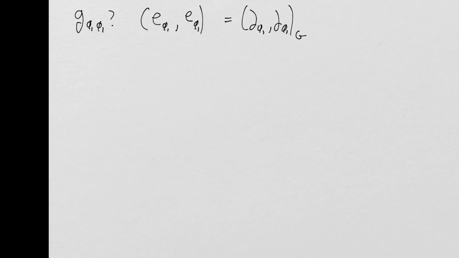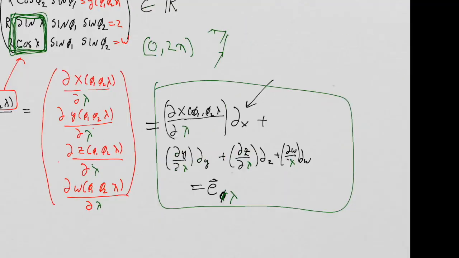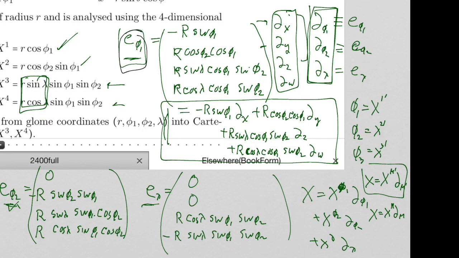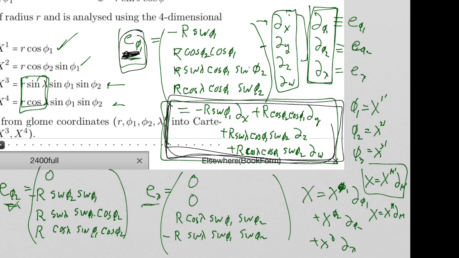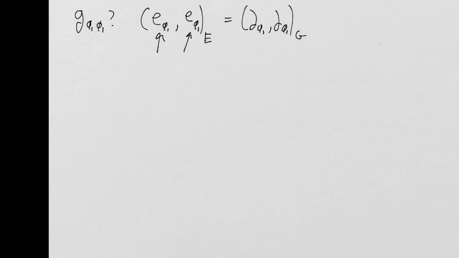This in the glome basis is going to be this in the Euclidean basis, because when I wrote these down, I wrote them in terms of the Euclidean basis. When I write it this way, I mean this coordinate basis vector written in terms of the four-dimensional basis system. So that's what these guys are.